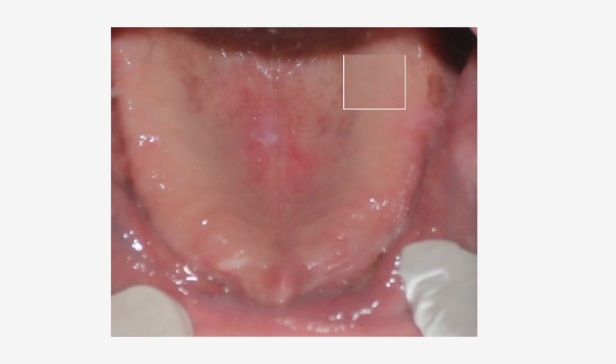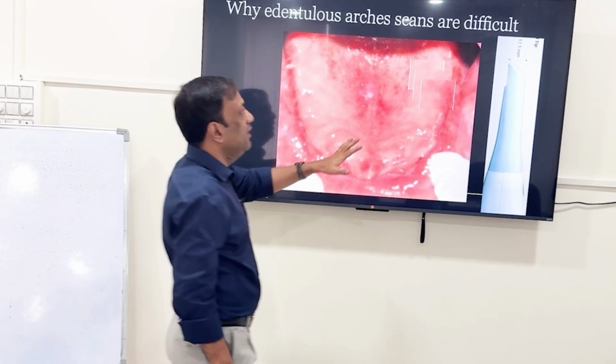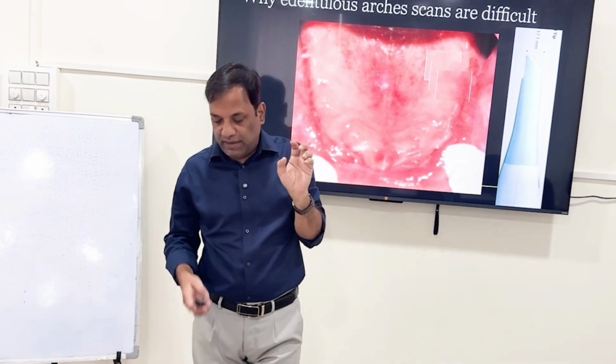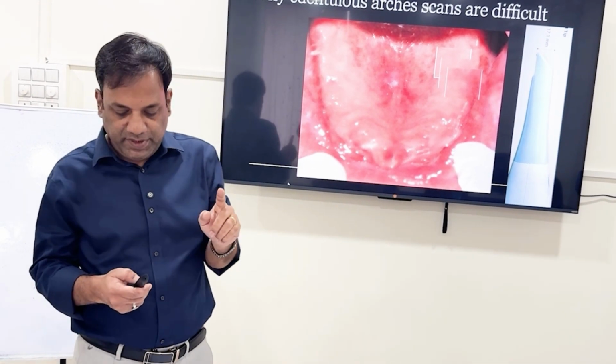So if I make an image over here, the next image over here, the third image over here, for my scanner all three images appear to be the same. So my scan will come out nicely, aesthetically everything is good, but fitting-wise there is no guarantee that a proper 3D image has been formed. That is the real problem in scanners.